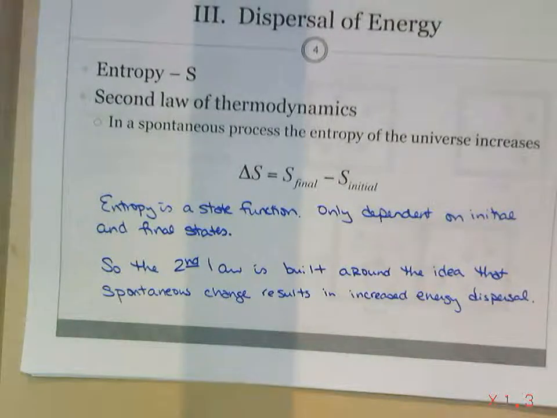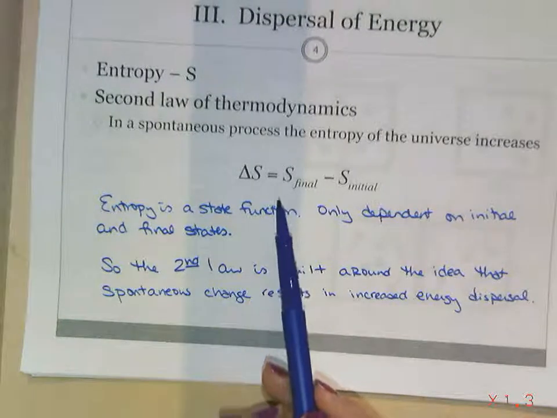So for delta S, this change in entropy, to be positive, my final state must have more entropy than my initial state, because this is subtraction.